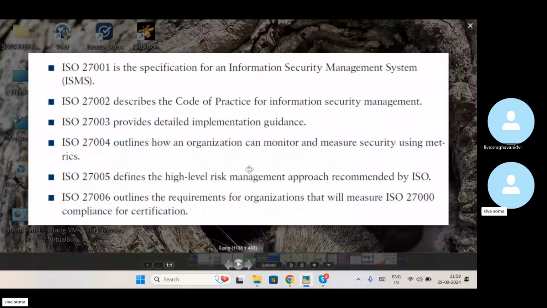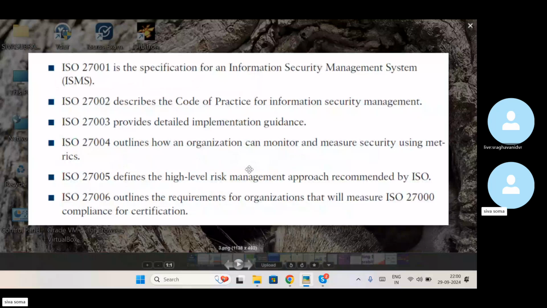They have defined a lot of things in particular topics. For example, for the industrial line, they have described ISO 9000. But for information security, they have created ISO 27000.